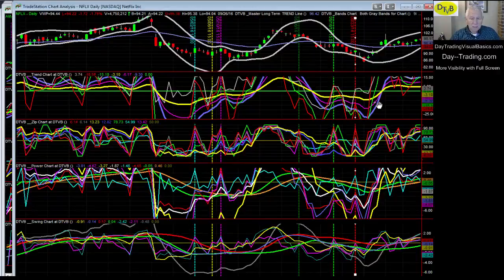And in fact, if you look closely, you have the 3 fast trend lines up, and the 3 short-term trend lines, the trio, they're all down.